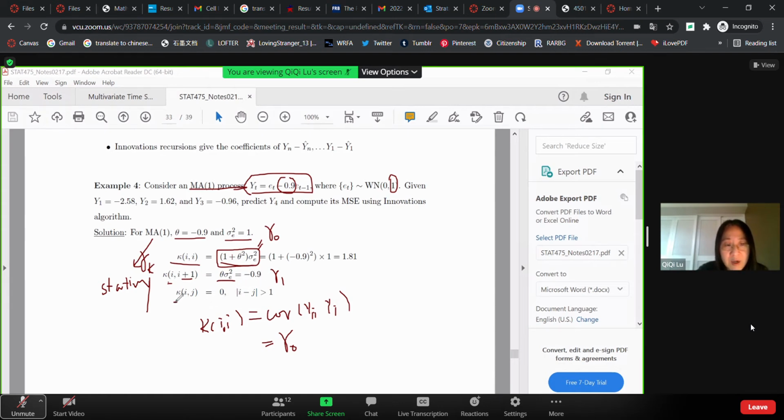For other autocovariances, if the time difference is larger than 1, just like for MA(1), gamma k equals 0 for k larger than 1. So gamma i minus j equals 0. That's the kappa function.